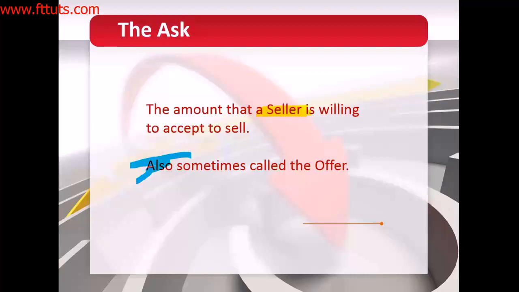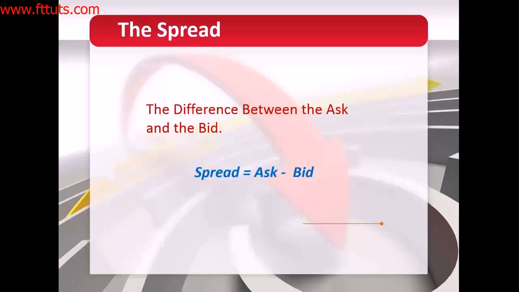And now that we have talked about the bid and the ask, especially in the Forex market, it is also very important to understand the spread. What is the spread? The spread is the difference between the ask and the bid. In an efficient market, the spread is very small, very narrow.